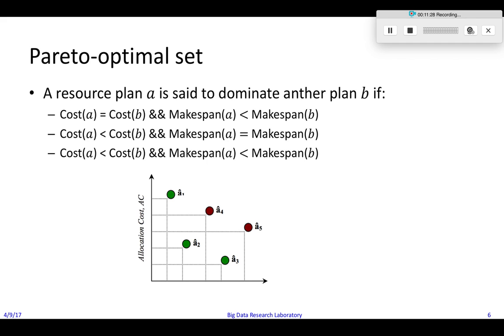So this problem can be transferred into the question of what a dominate problem is.